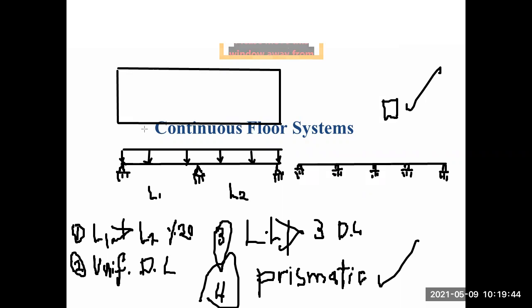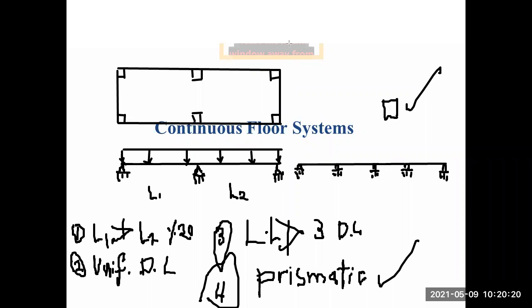The slab is supported by columns over here, and a column over here, and a column over here, and a column over here. Okay.